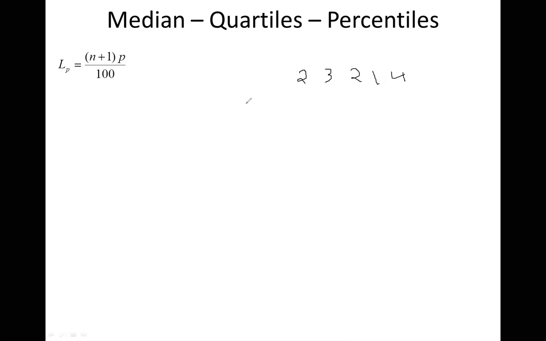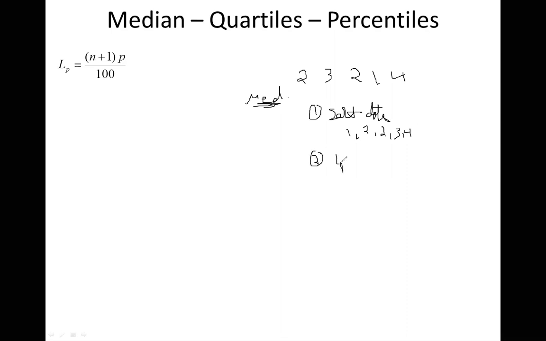And the question now, we need to find the median. How to find the median? We said we have 3 steps. Step 1, sort the data. Then it's 1, 2, 2, 3, 4. Step 2, find the position.